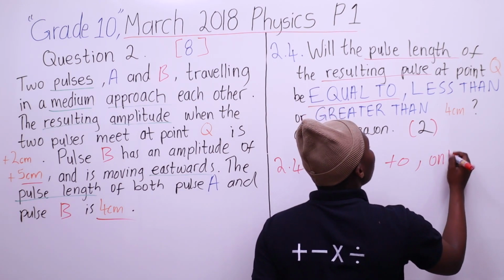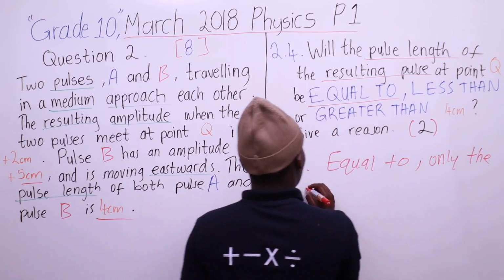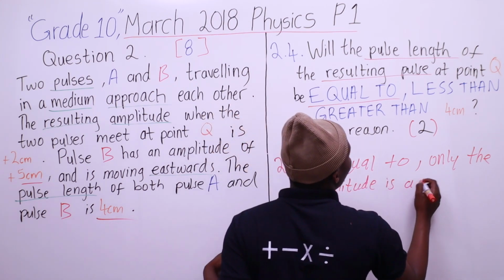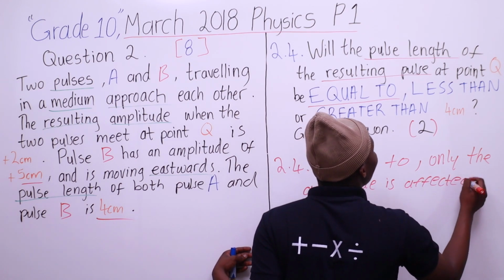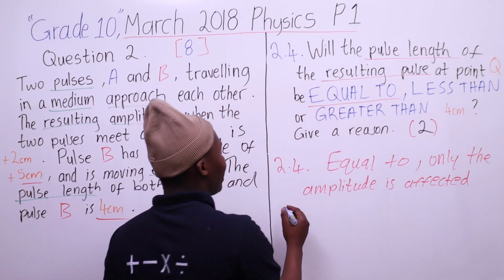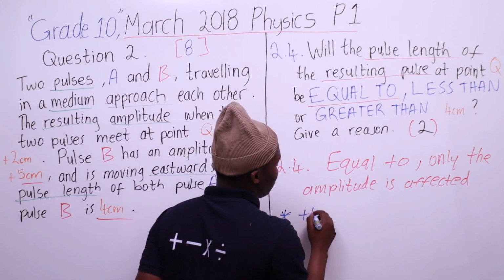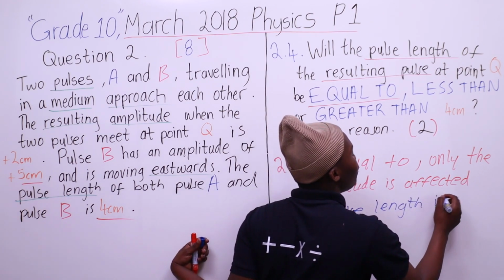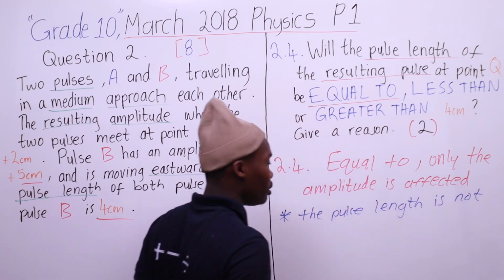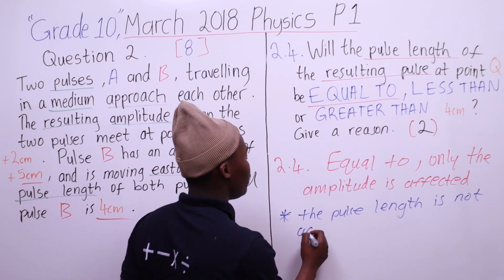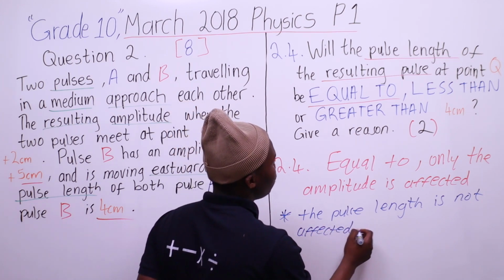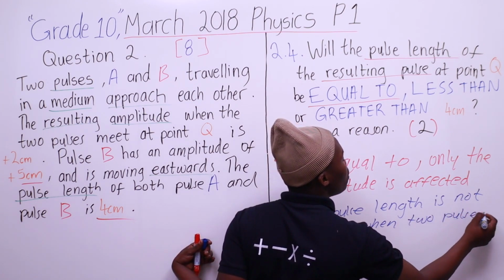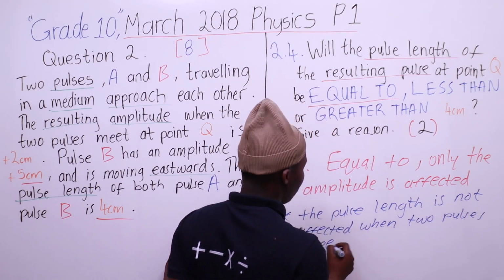We should see only the amplitude is affected. Only the amplitude is affected. But someone might say that the pulse length is not affected when two pulses meet.